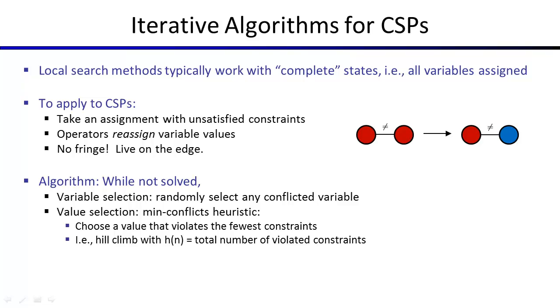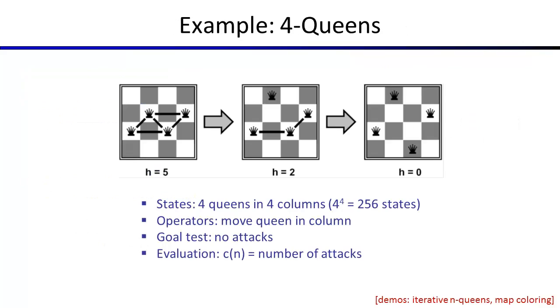When you pick a value, you choose one that violates the fewest constraints. Maybe there are ties, and then you pick at random. In other words, what we're basically doing is hill climbing, meaning making local step-by-step improvements to the total number of violated constraints. Okay, let's see this in a demo for the n queens problem.